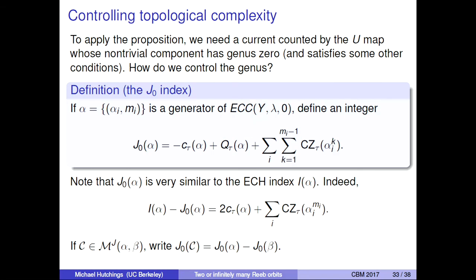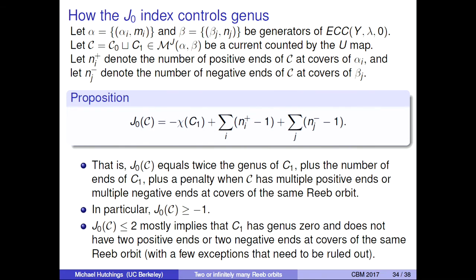So how do we get genus 0? I didn't explain the grading in ECH, but there's another number, which I call J0, which is defined similarly to the grading. The significance of this number J0 is that it gives you a bound on the genus.